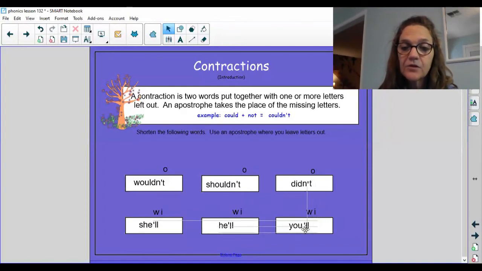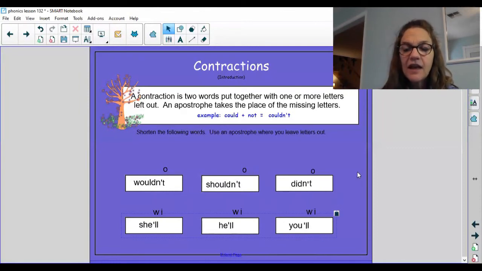Okay, so you will became you'll. Would not became wouldn't. Should not became shouldn't. Did not became didn't. She will became she'll. He will became he'll. And you will became you'll.